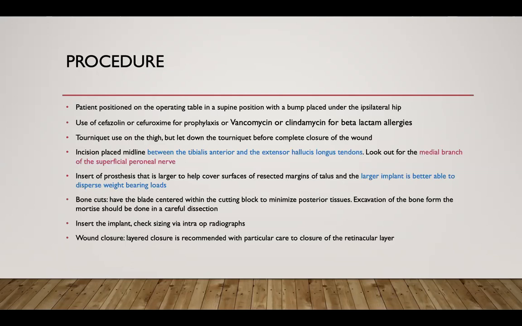When you insert your prosthetic, you always want it to be slightly larger so it can better disperse the weight-bearing loads. And when you do your bone cut, you want to be centered to minimize cutting into the posterior tissue, and you want to remove all bone that's there. You're going to insert your implant, check it via intra-op radiographs, and then do a layered closure to the ankle once you're done.